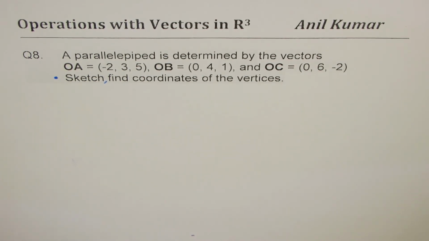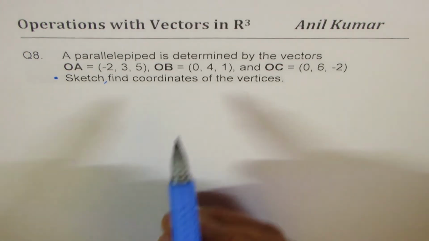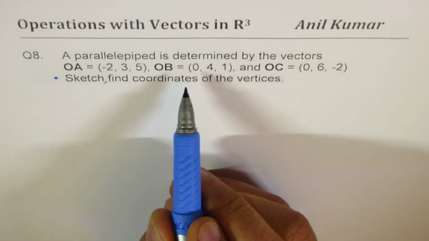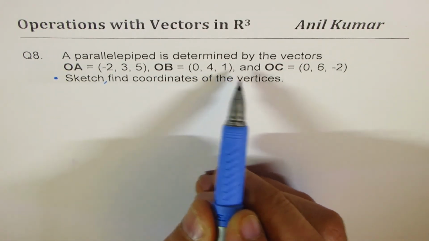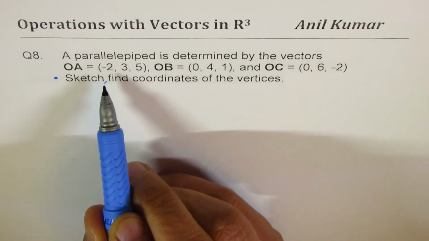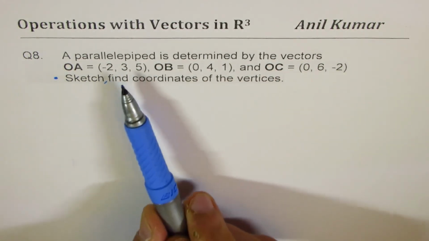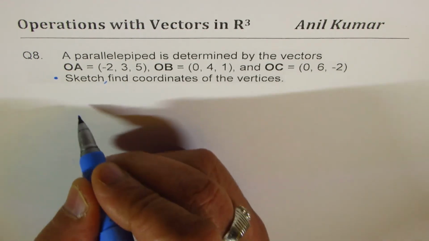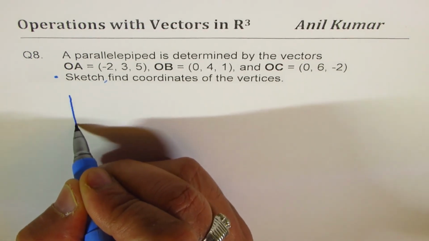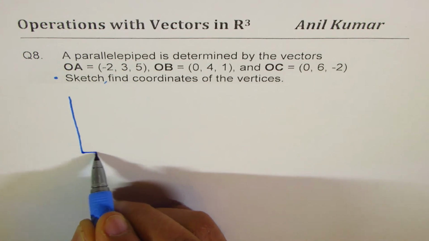Now whenever you're doing this kind of a question, I like you to use different inks. That will always help. Okay, so let's see. So we have 0, 4, 1, 0, 6, minus 2, minus 2, 3, 5. All of them are on the right side, right? So all of them are on the right side. So to save some space, I'm going to draw like this.